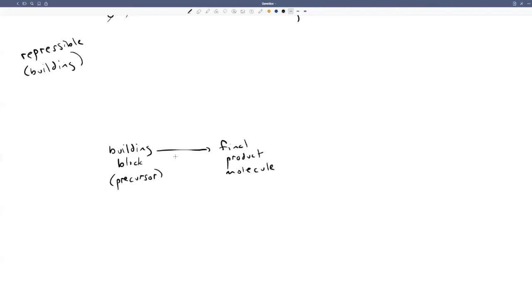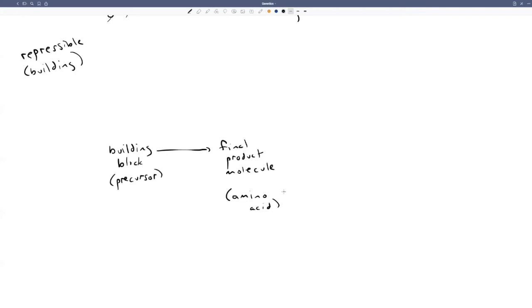So there might be a biological process of making something that is needed. The examples we're going to use involve an amino acid. If a cell is making proteins, it's going to need amino acids as the building blocks for making those proteins. But as a manufacturing process, it needs to make amino acids only as much as they are needed.